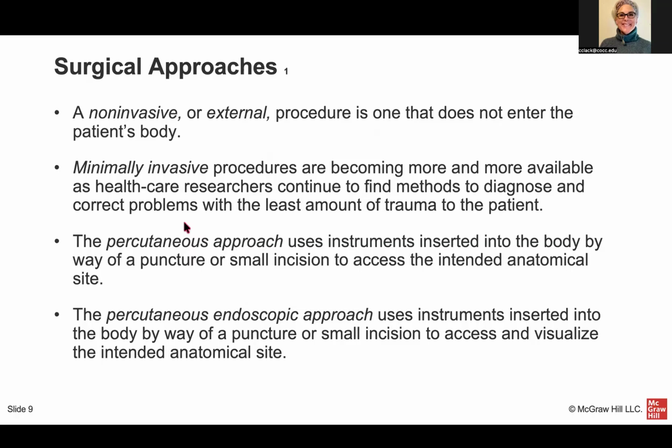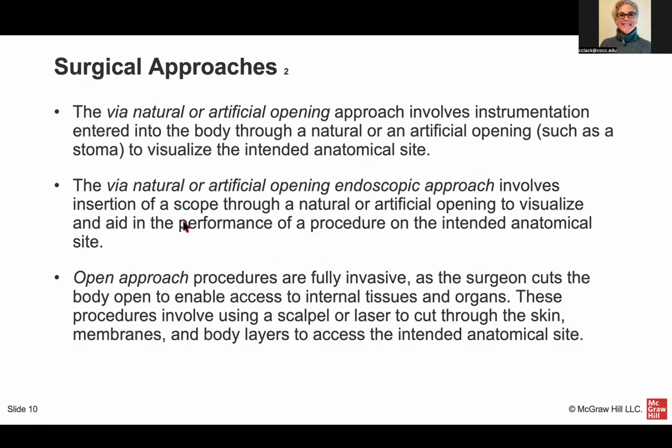Percutaneous endoscopic approach adds a scope to it. So not only are instruments going in through a small opening, but the surgeon is also visualizing the area through that same approach. Think of laparoscopic procedures. Continuing our surgical approaches, and these are important to commit to memory because they show up in CPT code descriptions constantly.